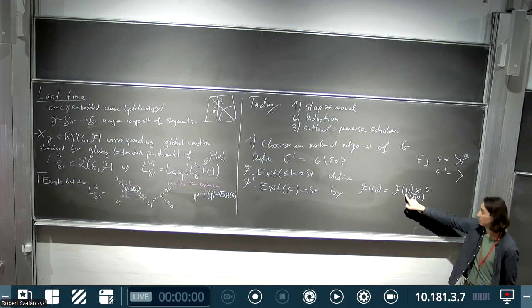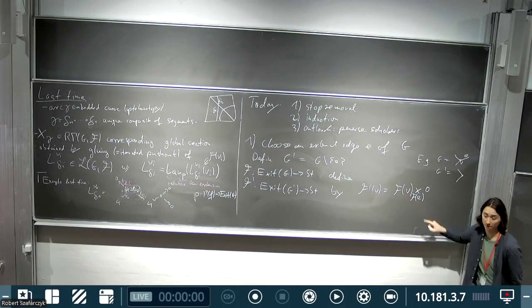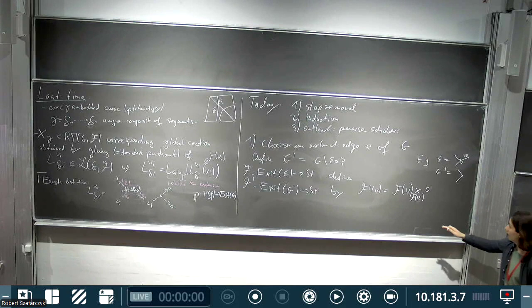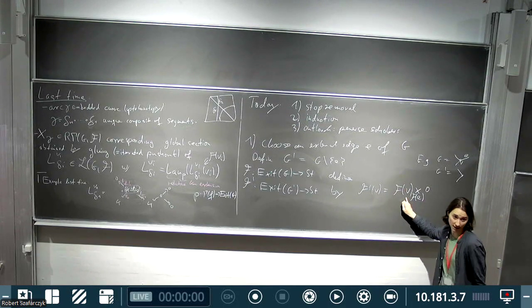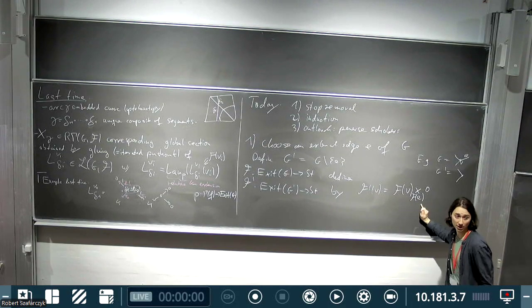This functor here being the restriction from F of V to F of E. So you're taking the full subcategory of F of V of sections at V such that the restriction at the edge vanishes.